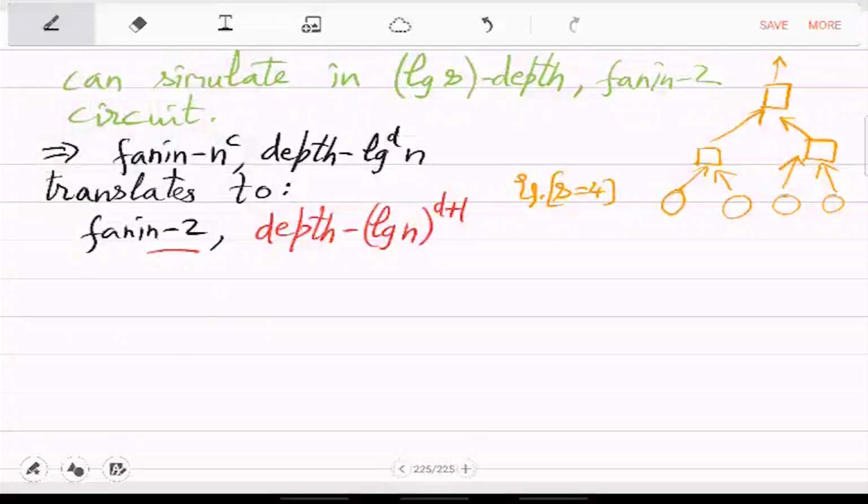Okay, so that is the claim, that ACD can be computed in NCD plus 1. That finishes the proof. And by this containment, we have sandwiched ACD in NCs, and hence AC and NC are equal.